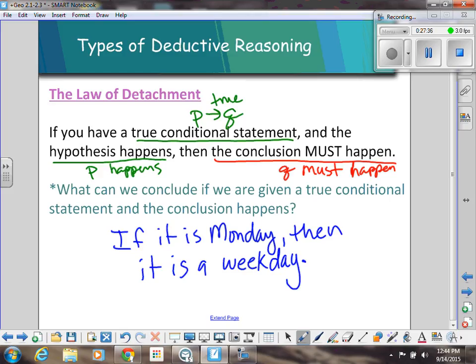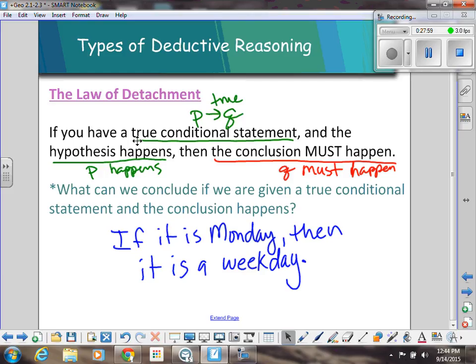Can't really argue with that, right? That's true. Yes? Okay. So, if I have this true conditional statement, we all agreed that it was true, and today is Monday, so we have P happening right now, right? So today is Monday. What can I conclude then? Today is a weekday. That would be my conclusion. It has to be true, right?